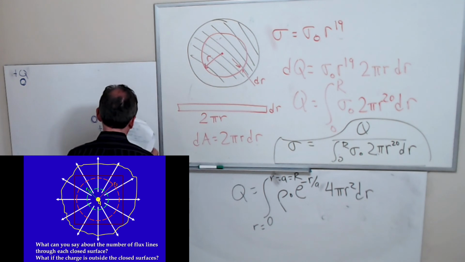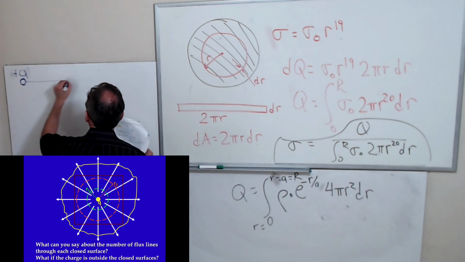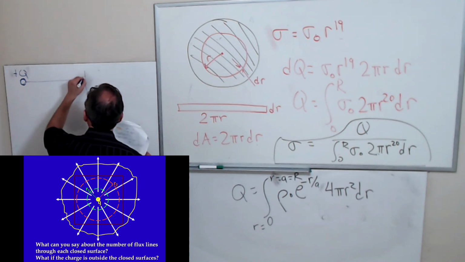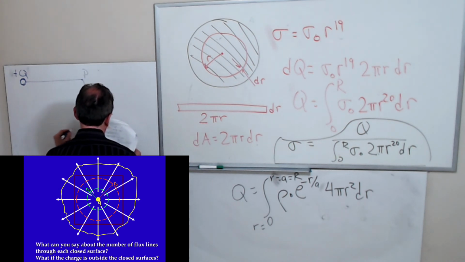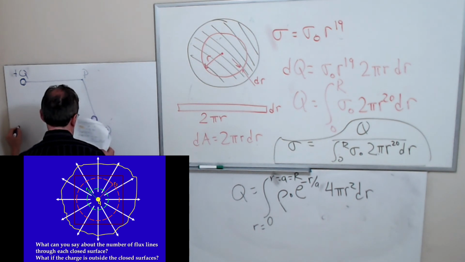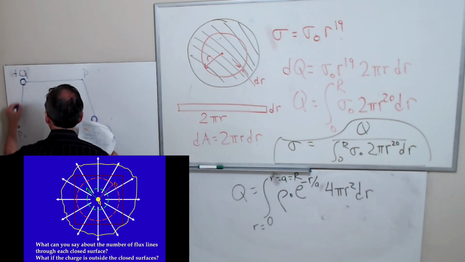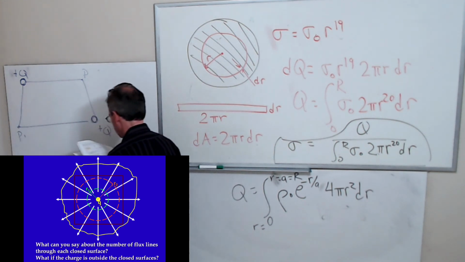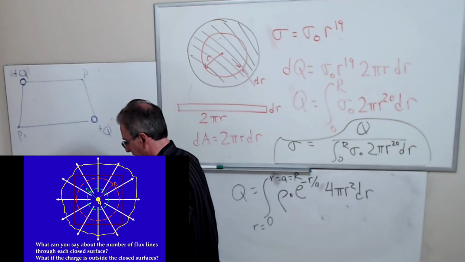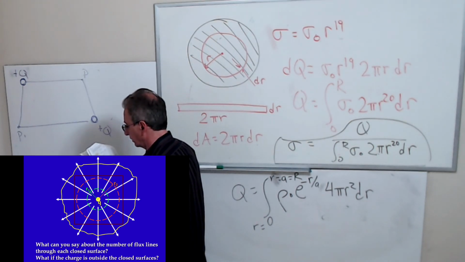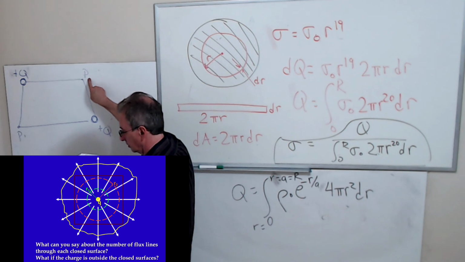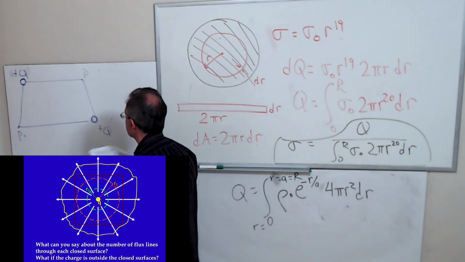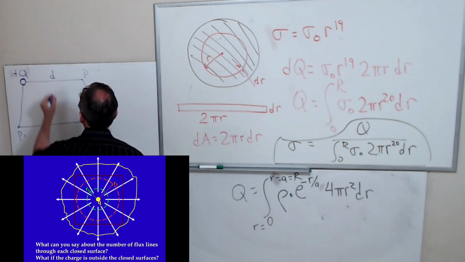Let's do here. I want to find the electric field at this point. This is D. This is 2D.